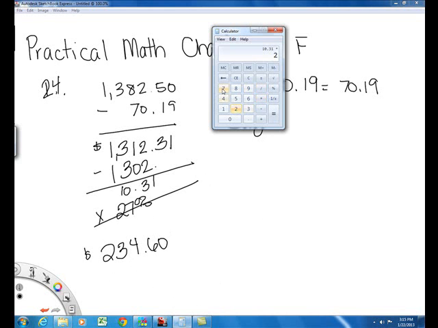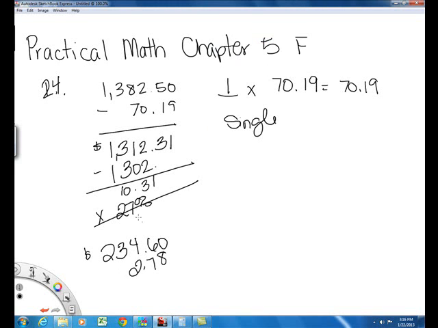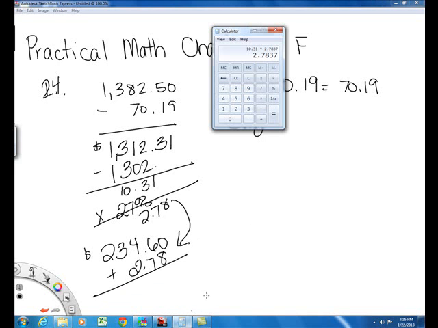So times 27%, that equals $2.78. So $2.78 is going to be added. So my taxes will be $234.60 plus $2.78, which is $237.38.